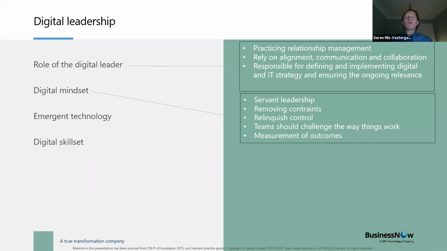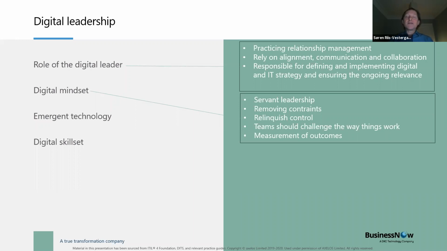Digital mindset is not only about knowing about technology, not at all, or perhaps partly, but it's about having a way of leading, which is servant leadership, where we know that we have to relinquish control to teams, because if we are too hierarchical, we are too slow to sense and perceive changes that we need to take into consideration when executing our strategic plan or the strategy roadmap.